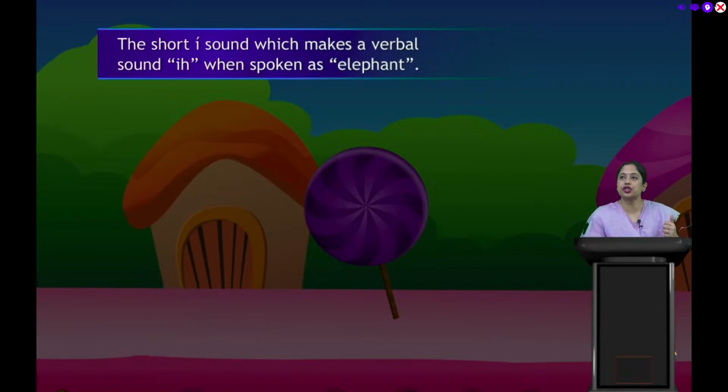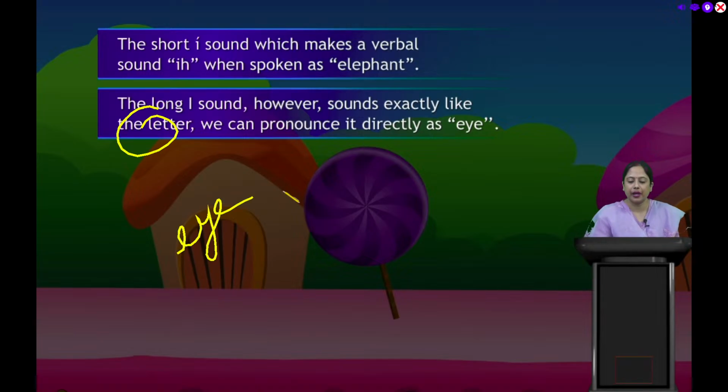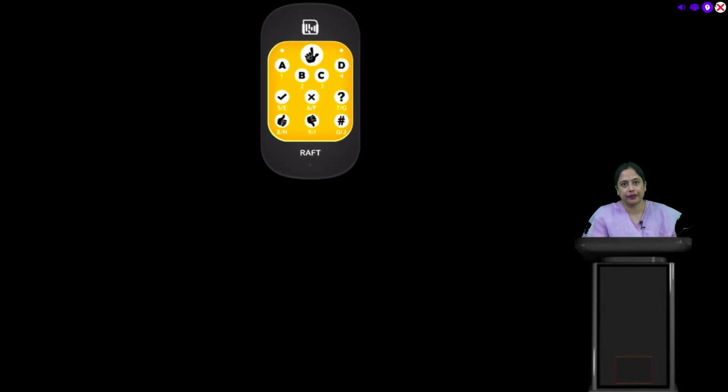Sometimes it produces the short I sound, as in elephant. Sometimes it produces the longer I sound, which sounds exactly like the letter I. We can pronounce this directly as I, as in bike, mic, spike.